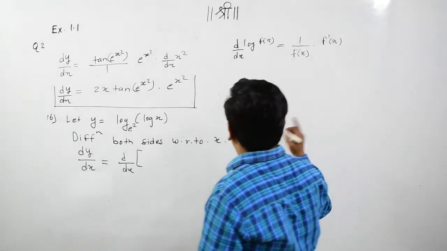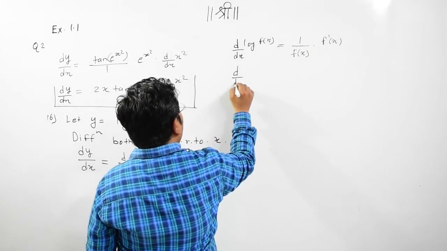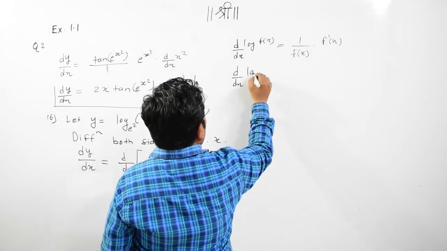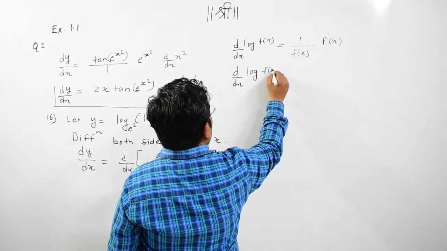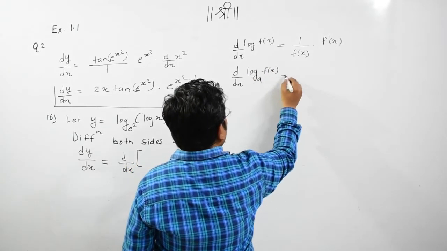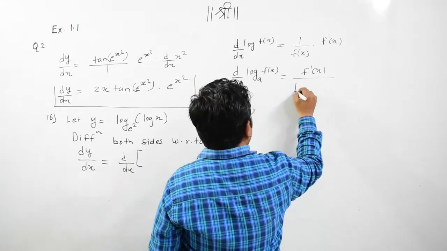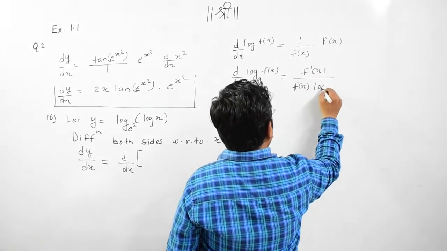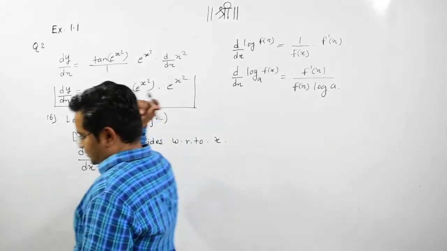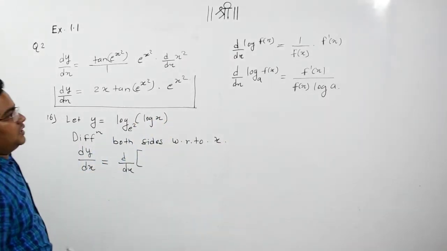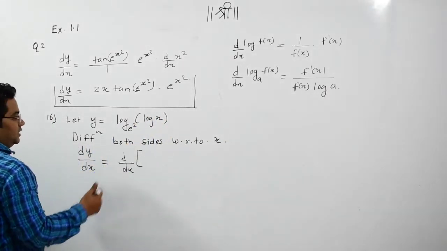This was a very easy concept. Now what about d/dx of log of f(x) to the base a? It is nothing but f'(x) divided by f(x) into log a. Hope you remember this. So we need to apply this formula over here.